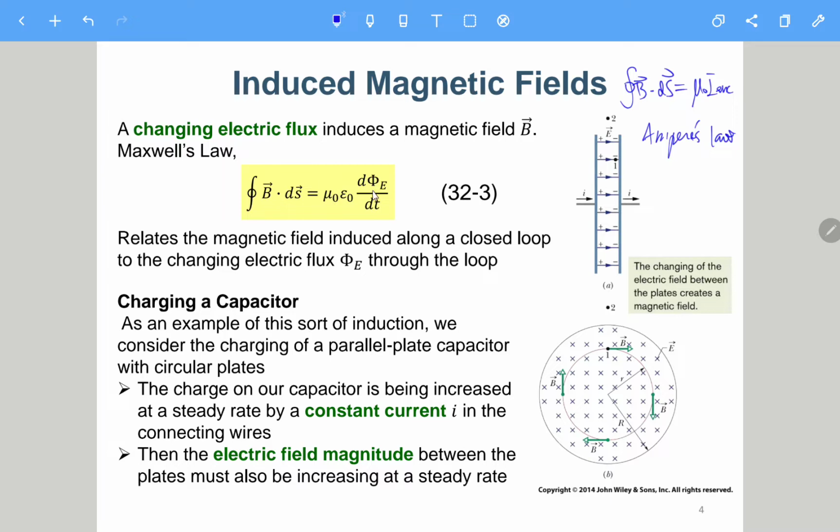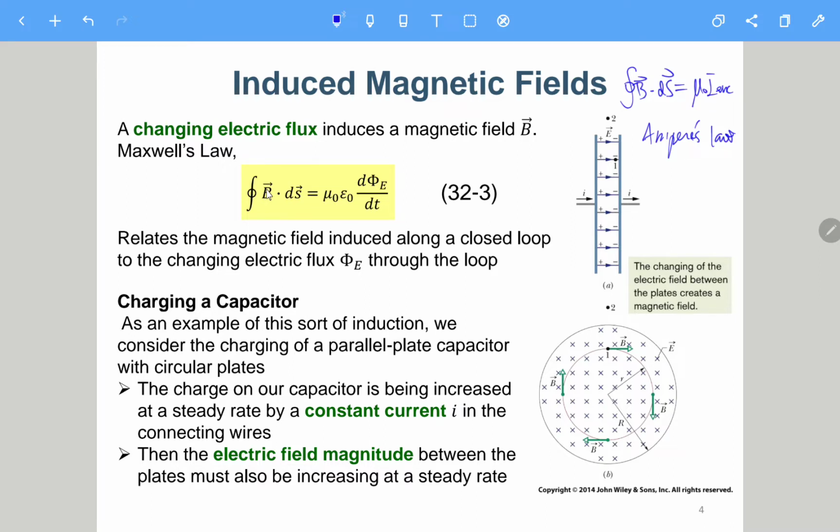They multiply together, and then we have the time derivative of phi E. It reminds you of Faraday's law, because when you have a magnetic flux changing, it will induce some EMF. But here, when we have an electric flux changing, it will induce a magnetic field.